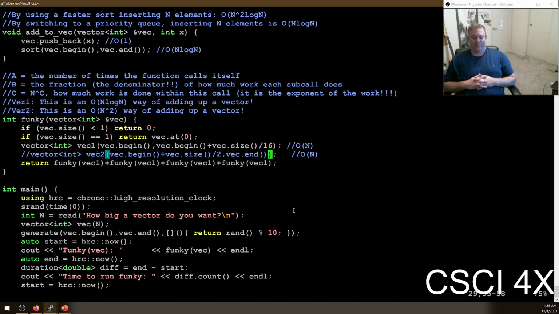Think about it. There's a bit of a balance between the fraction of work you're passing on and the number of times you call yourself. With merge sort, you're passing on half the fraction twice, so they kind of balance, right? In this case, we're passing on a 16th, a tiny little sliver of it, 4 times. So we're essentially losing 3/4 of the array every level we go down. So it's actually going to be much faster than if you cover the whole thing. Not n to the 8th.